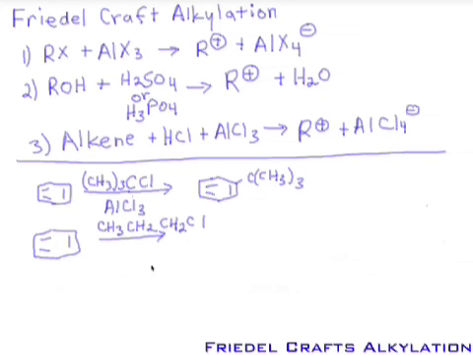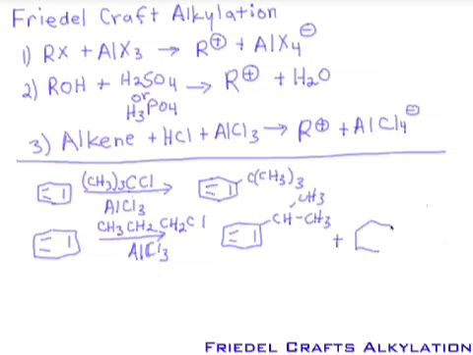So, there's propyl chloride, AlCl3. You will get a mixture of isopropyl benzene and propyl benzene.